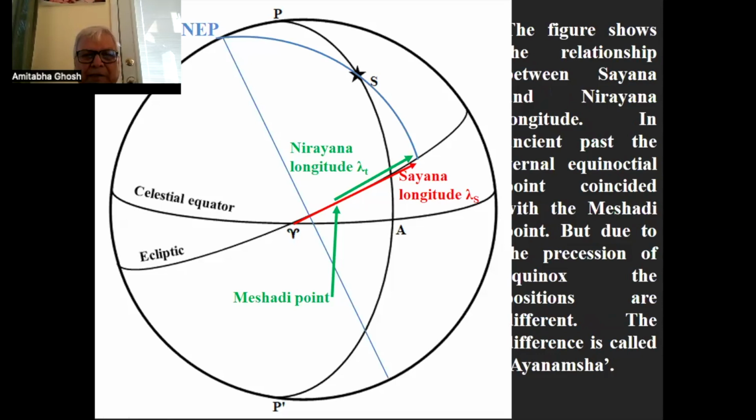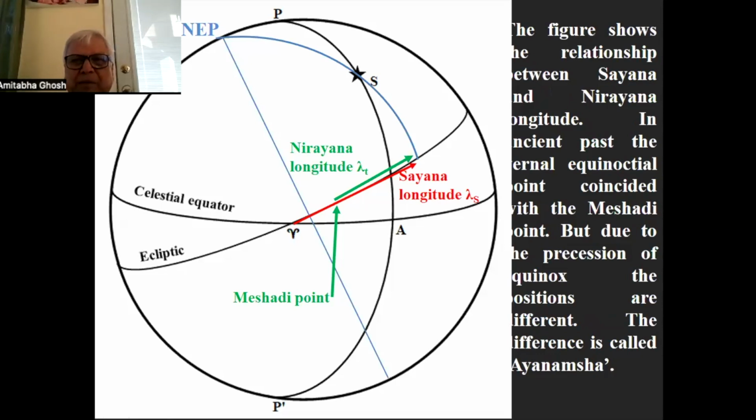Now you can see the two systems, for example, the celestial equator, and this is the ecliptic. This symbol is generally used for the vernal equinox. You will find a standard symbol.